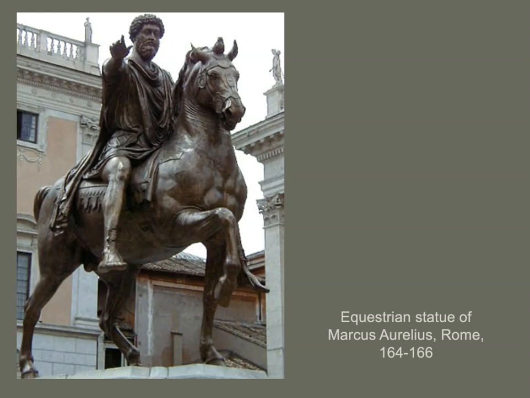Also, originally there was a fallen enemy below the horse that he would have been stepping on. So it gives an idea again of his power over the enemy, his intellectual side, as well as his ability to rule.